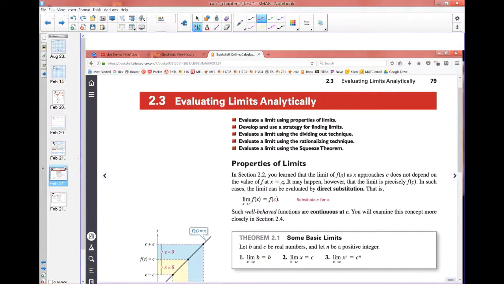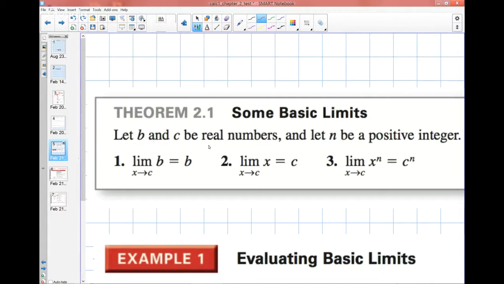Here it is in large notation. If you look right here, the very first example: what happens to B as x approaches C? And the answer is absolutely nothing. So x doesn't really affect B at all, and that's the idea.